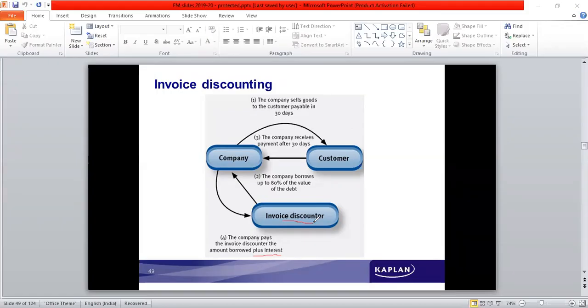So as against the invoice, a discounter provides a discounted amount for the credit period, and at the end of the credit period he receives back his amount, usually up to 80%, plus whatever interest is due on that amount. The total amount will be paid back to the invoice discounter. Along similar lines, we have another financial service which is called factoring.